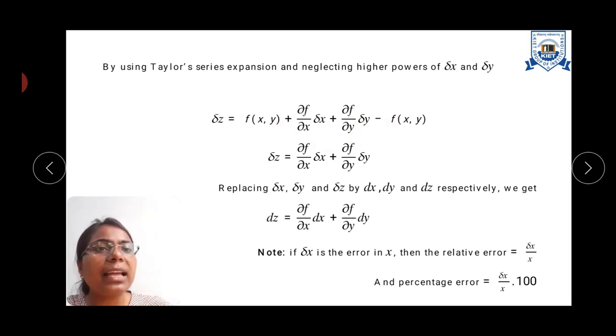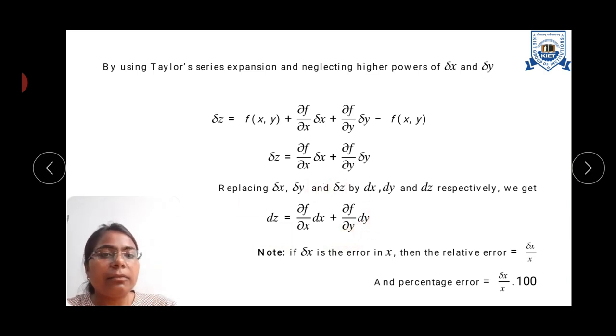And if we cancel f of x, y with minus f of x, y, then we get del z is equal to del f over del x del x plus del f over del y del y. And if we replace del x, del y, del z with dx, dy, dz in terms of differentiation, then we get dz is equal to del f by del x dx plus del f over del y dy.